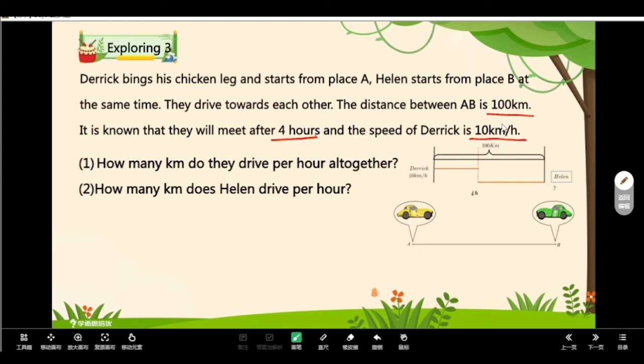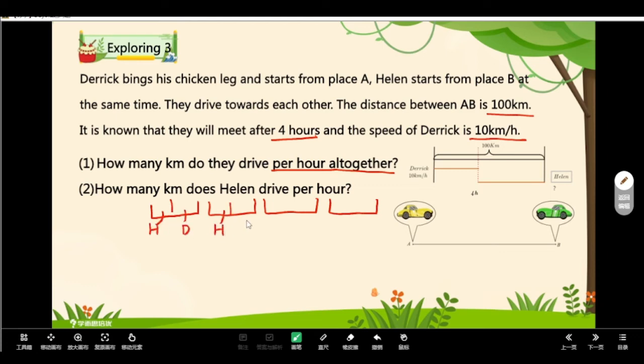So what is this question asking about? Let's see. How many km do they drive per hour altogether? If the total distance is 100 km and they have traveled for 4 hours equally, that means for every hour, Helen and Derek go this much, and for the next hour, they go this much, and so on for a total of 4 hours.